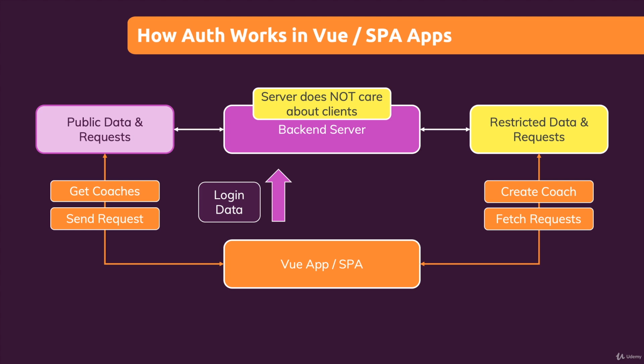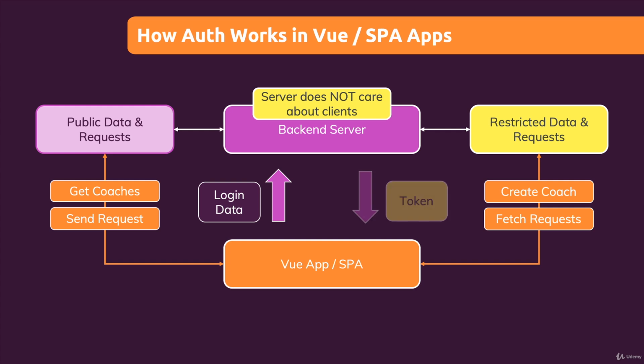It would store information about that user and just send a session ID to the front end, to the browser, so that there is a connection between the user using the site in the browser and the server being aware of that user. However, that's not how it'll work here when you have a single page application talking to an API. Instead, here, the server doesn't store any information and it'll do something else.